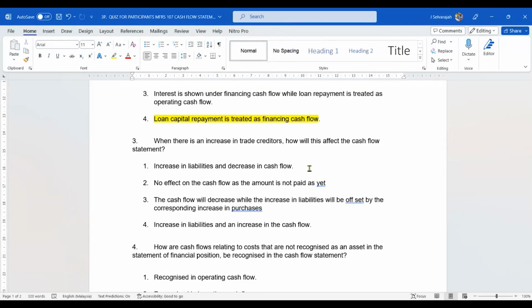Number 3, the cash flow will decrease while the increase in liabilities is offset by the increase in the purchases. So no effect, right? Number 4, the increase in the liability will result in an increase in the cash flow. Which of the following sentences are correct? This one, close your eyes also can answer. It's about just common sense.